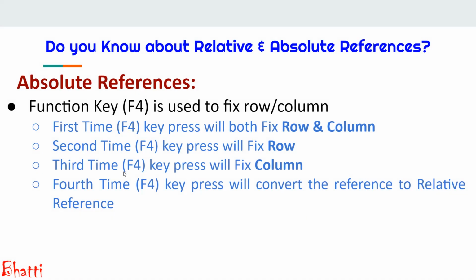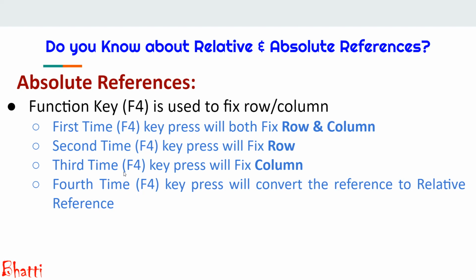Yes, here I need to add one more thing, which is the shortcut key to fix the references. The F4 key is used to fix a reference. When I press the F4 key the first time, it will fix both row and column. Pressing the key a second time will change it from both to row only.